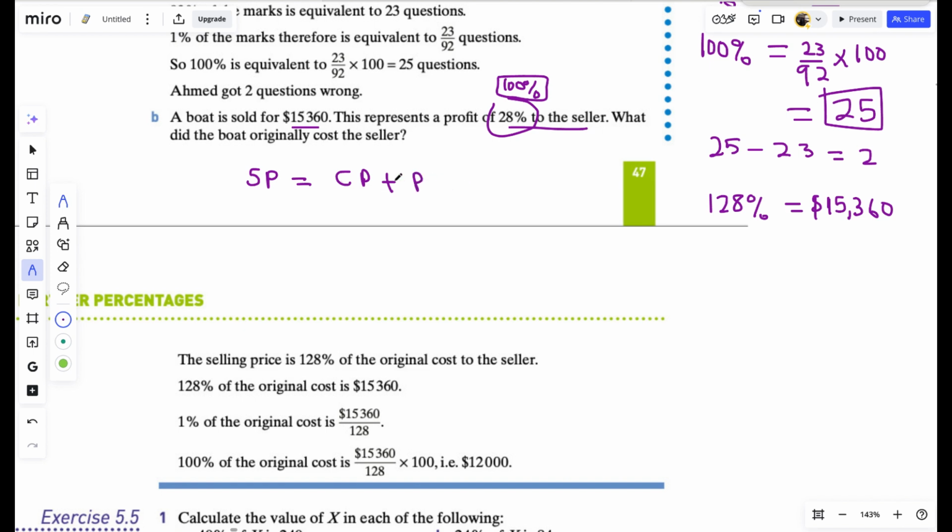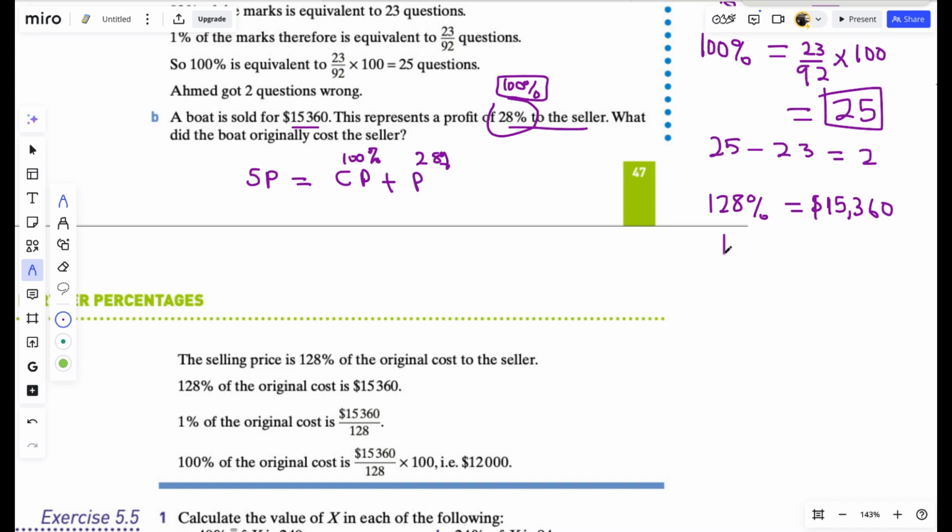So for us to get the selling price, you have to add the percentage profit to the cost price. Cost price is the 100%. The profit percentage is 28. So to get the selling price percentage, you must add. That's how we got this 128, and the 128% represents the selling price. This is the price he sold it at that gave him a profit of 28%. So we say this represents this.